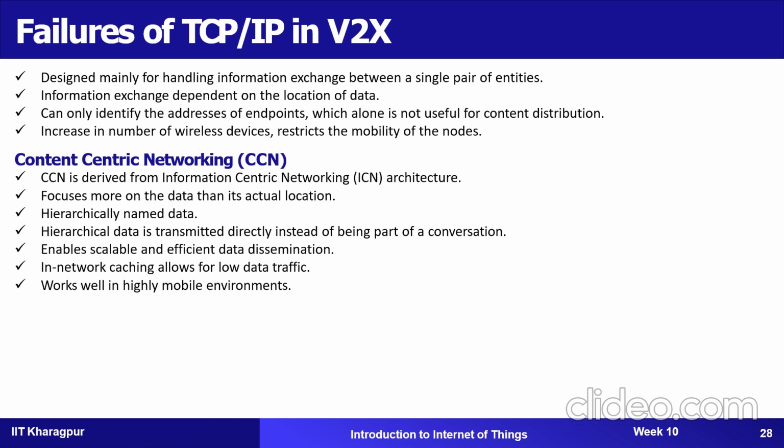Now, the solution which can remove these issues is content centric networking. Content centric networking is derived from the information centric networking architecture, which focuses more on the data than on the actual location. In TCP/IP, the location of the data is necessary in order to exchange information.